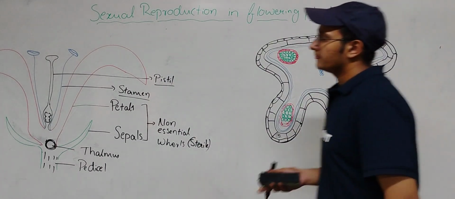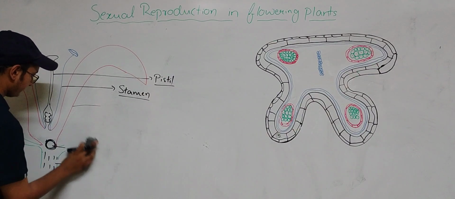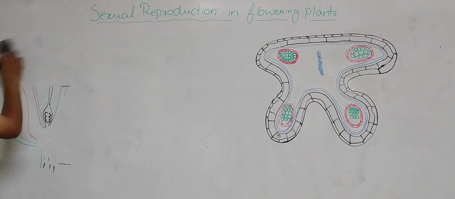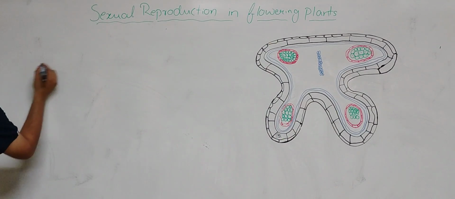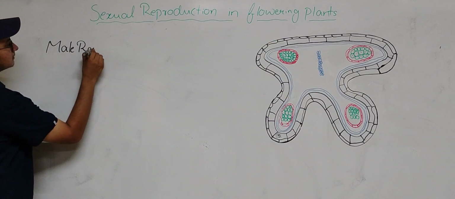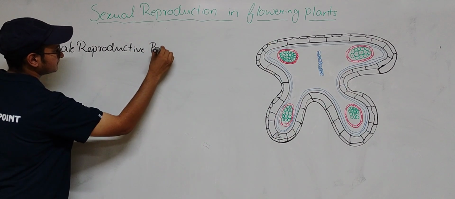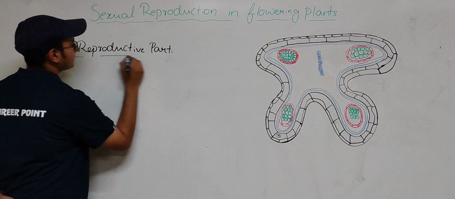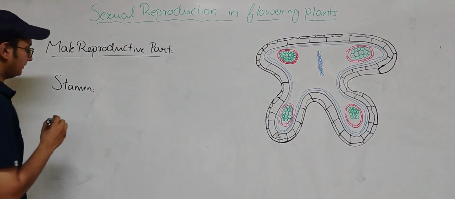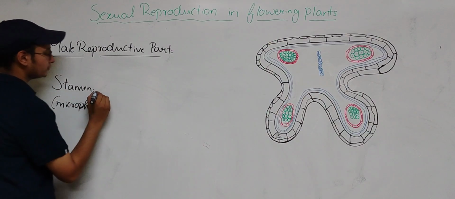So let's start with the male reproductive part, stamen. Stamen, which is also known as microsporophyll, consists of two parts.